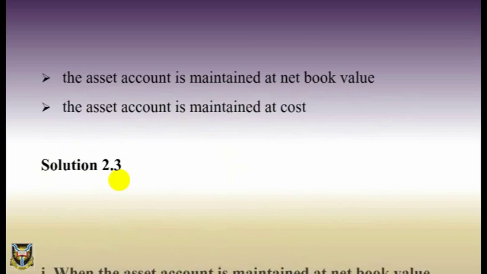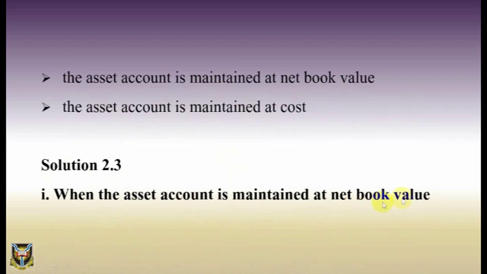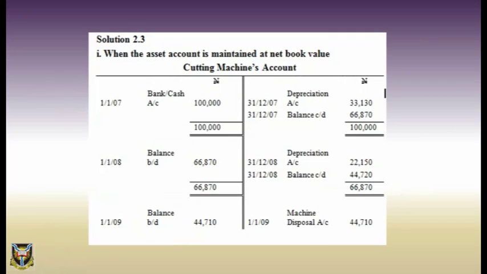Solution 2.3. 1. When the asset account is maintained at net book value, cutting machines account, bank/cash. 1/1/2007 A/C 100,000, total 100,000. 1/1/2008 balance B/D 66,870, total 66,870. 1/1/2009 balance B/D 44,710.